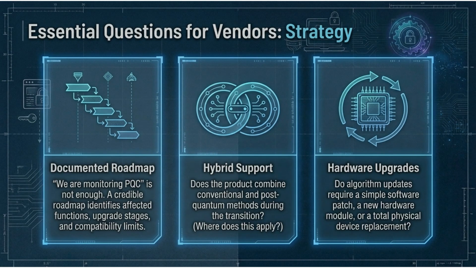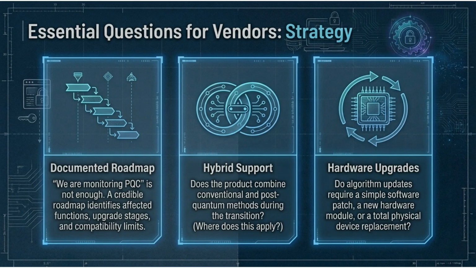When interviewing a product vendor, we can organize our evaluation into strategic and mechanical questions. Three strategic questions are especially important. First, ask if the product has a documented post-quantum transition roadmap. Vague promises like, "We are monitoring the post-quantum transition," are insufficient. A credible roadmap must identify which functions are affected, detail the upgrade stages, and outline compatibility limits.